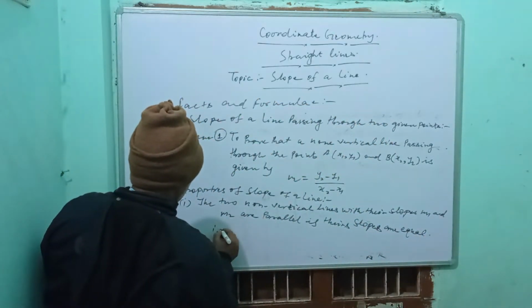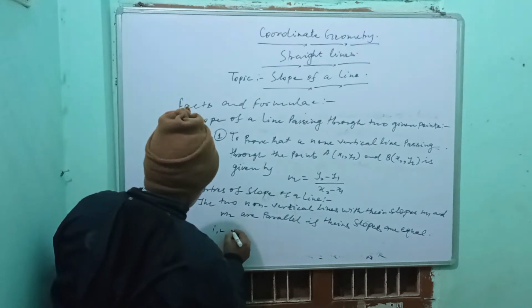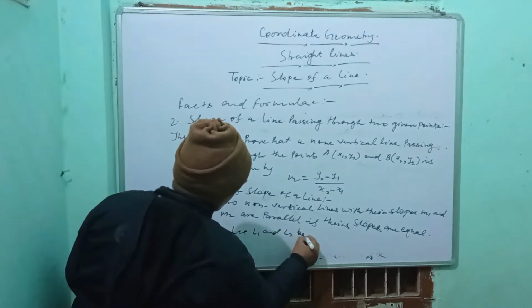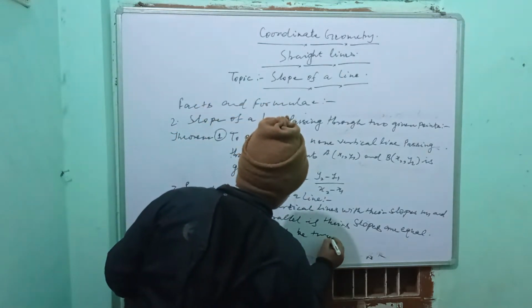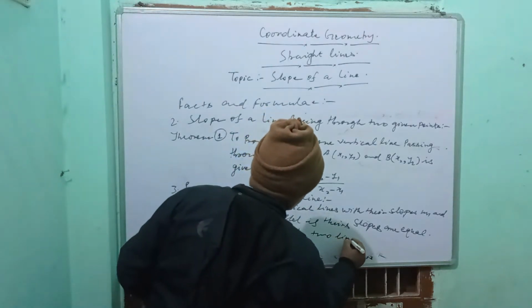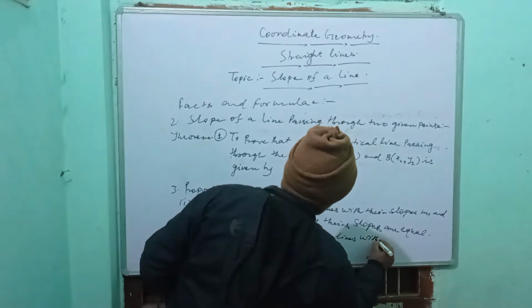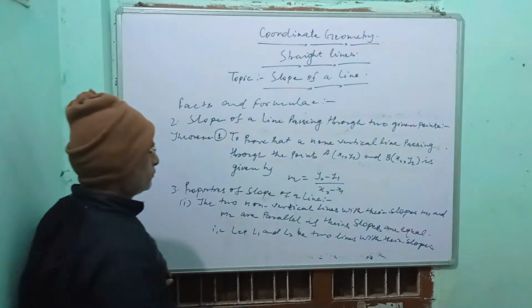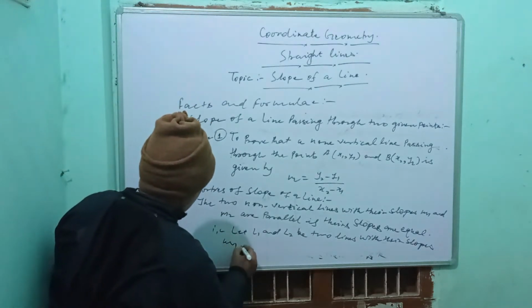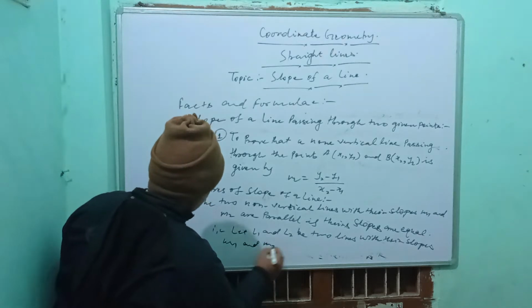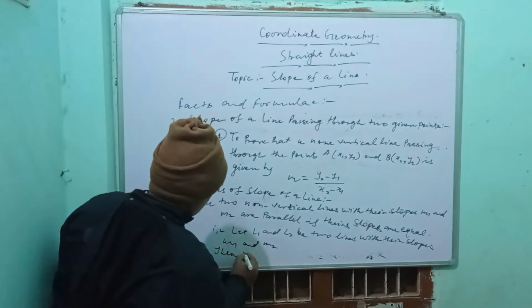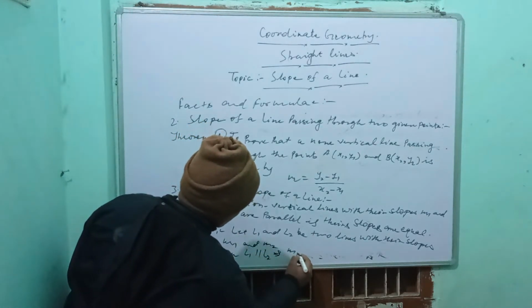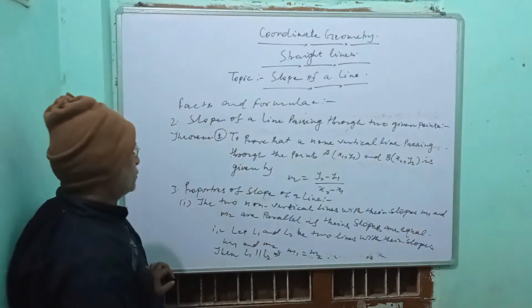That is, let L1 and L2 be two lines with their slopes m1 and m2. Then L1 is parallel to L2. This implies m1 is equal to m2.